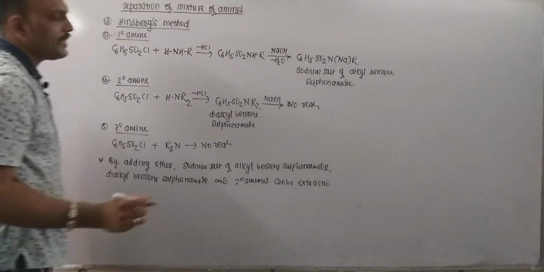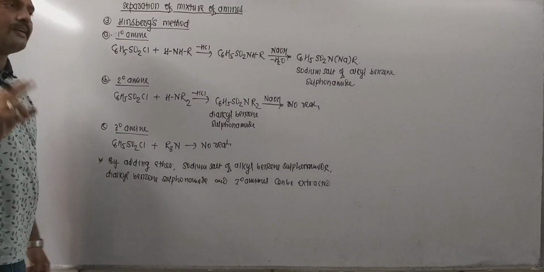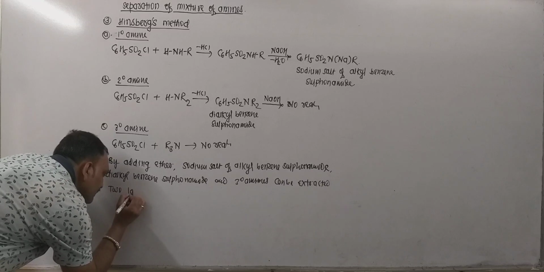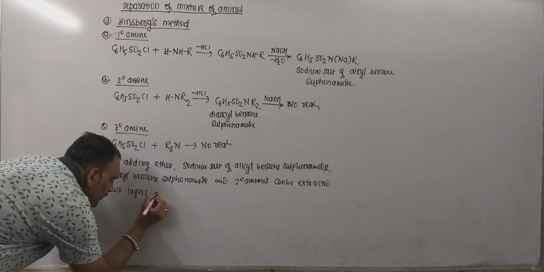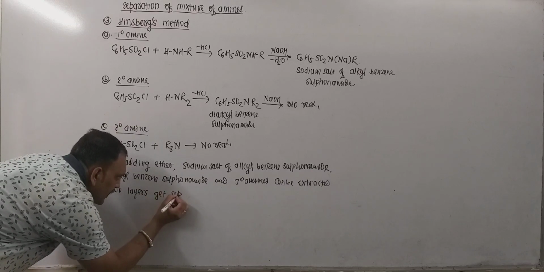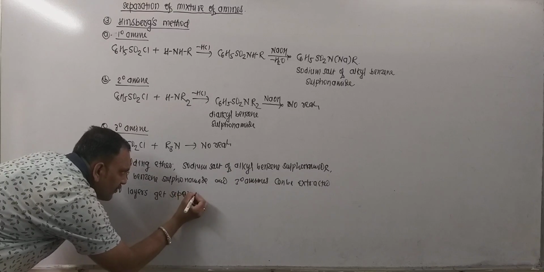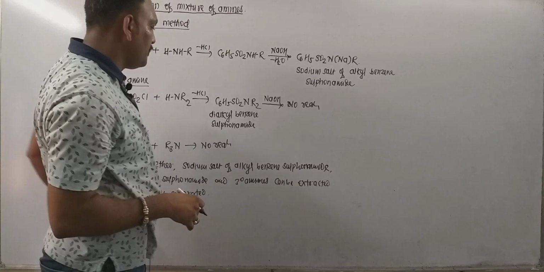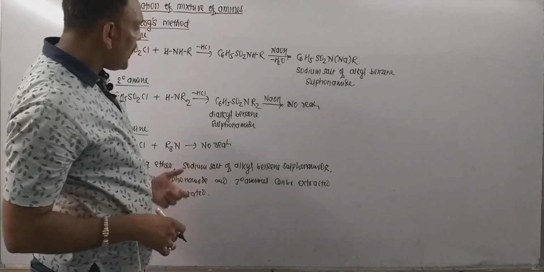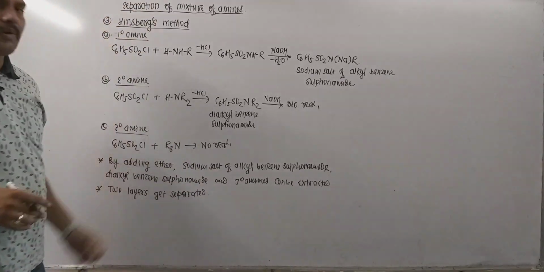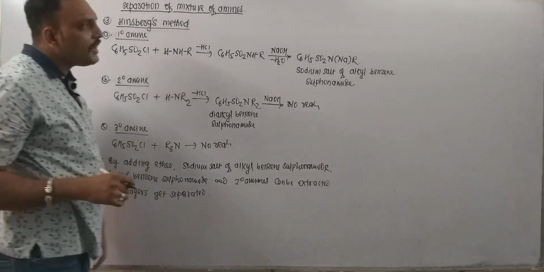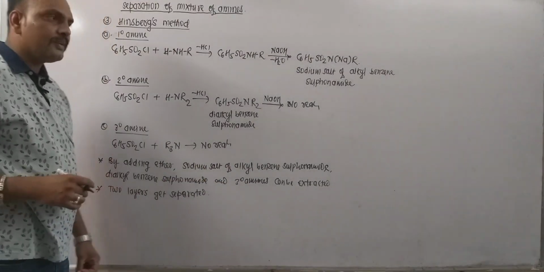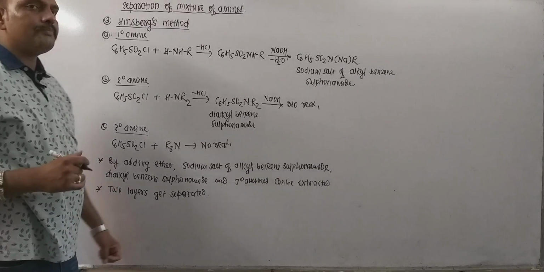When we add ether, two distinct layers get separated. Now the upper layer consists of tertiary amine and dialkyl benzene sulfonamide, whereas the lower layer consists of sodium salt of alkyl benzene sulfonamide. Now what do we need to do?